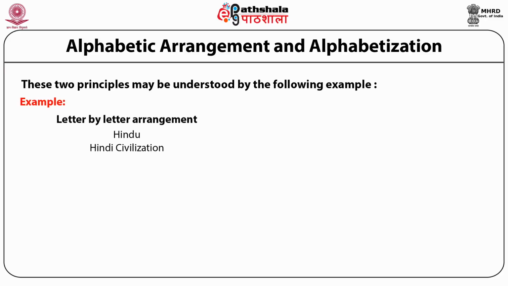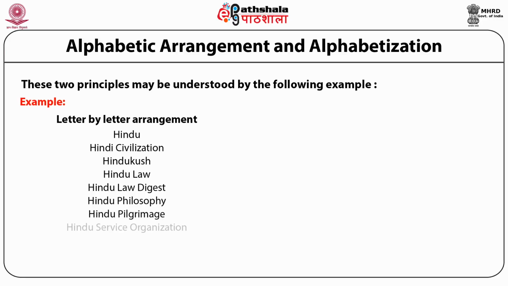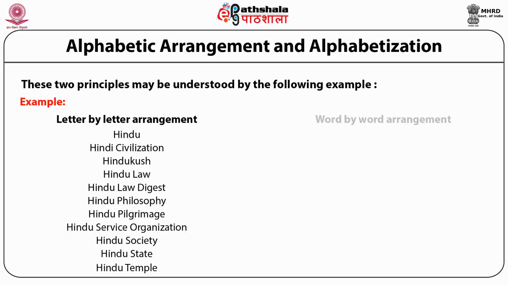Hindu, Hindu civilization, Hindu Kush, Hindu law, Hindu digest, Hindu philosophy, Hindu pilgrimage, Hindu service organization, Hindu society, Hindu state, Hindu temple. And in word by word arrangement, the arrangement will be in the following fashion.